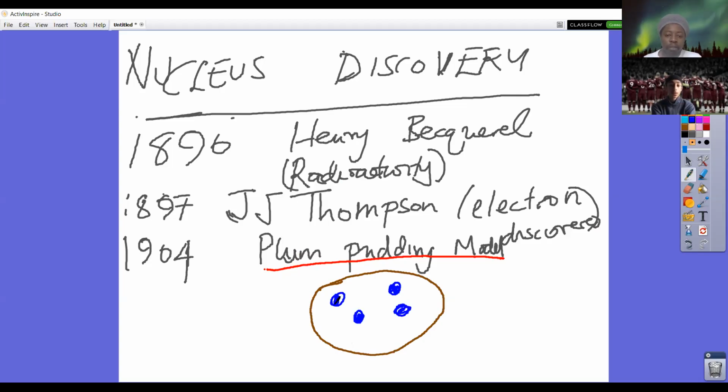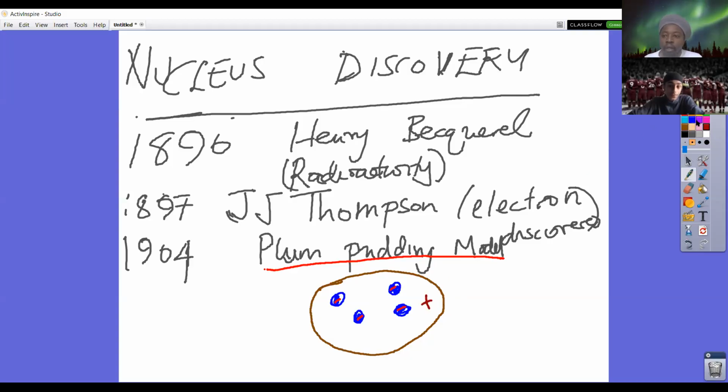Now, these plums, to Mr. Thomson, actually represented electrons, which was a fair observation, because he saw electrons being emitted from the surface of metals, so he assumed they must somehow be in this bulk. But the bulk itself, in which these electrons lived, was positively charged.